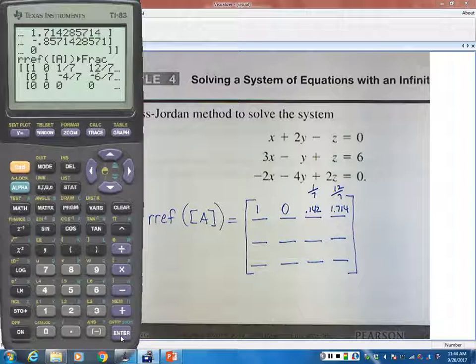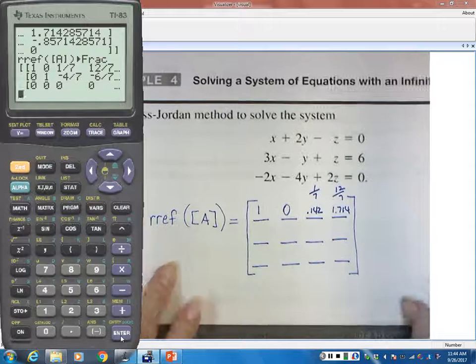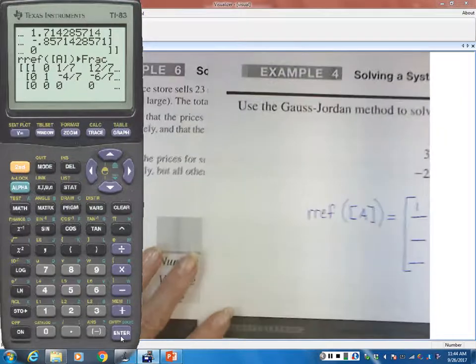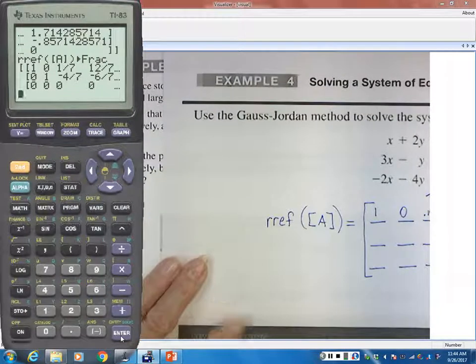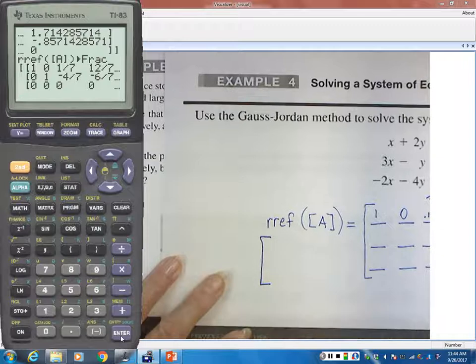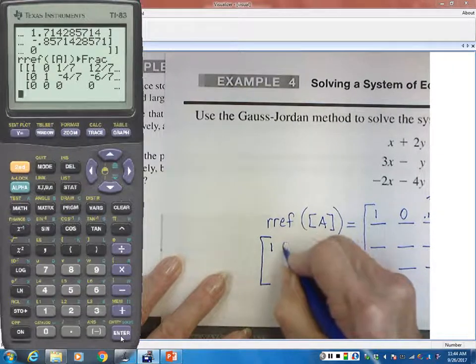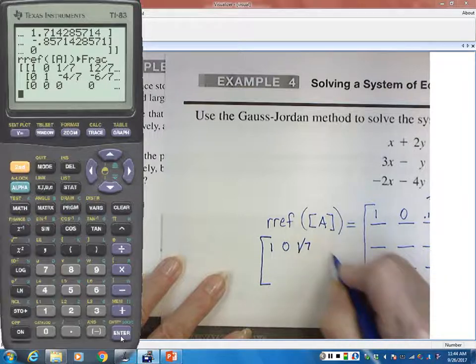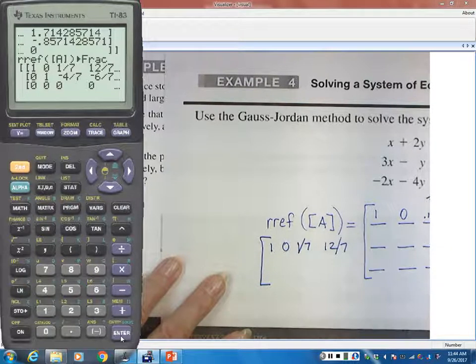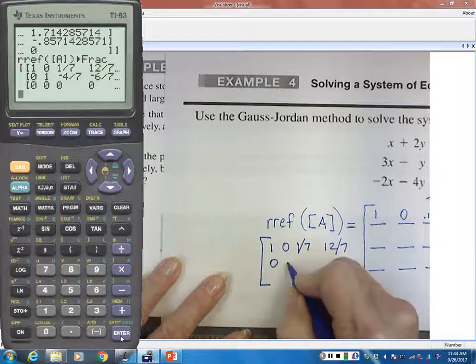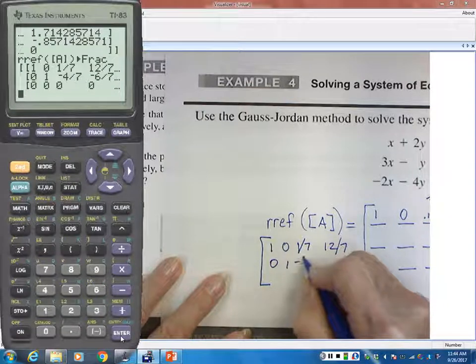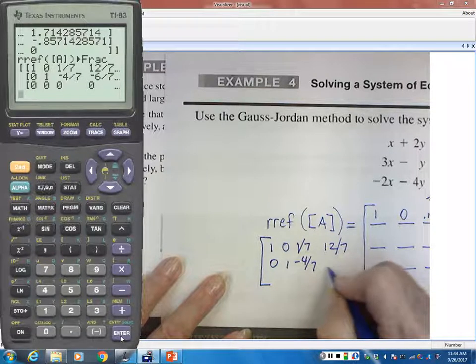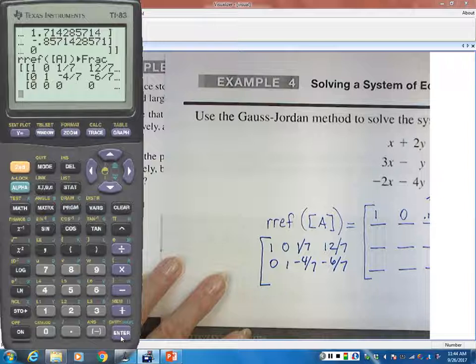Now it shows me that those actual numbers for my reduced row echelon form are 1, 0, 1/7, 12/7, and 0, 1, -4/7, -6/7.